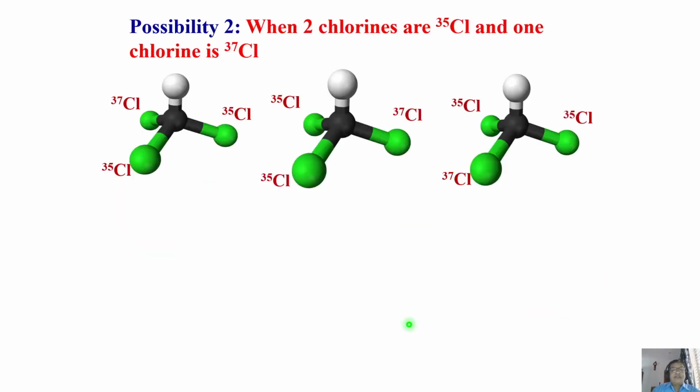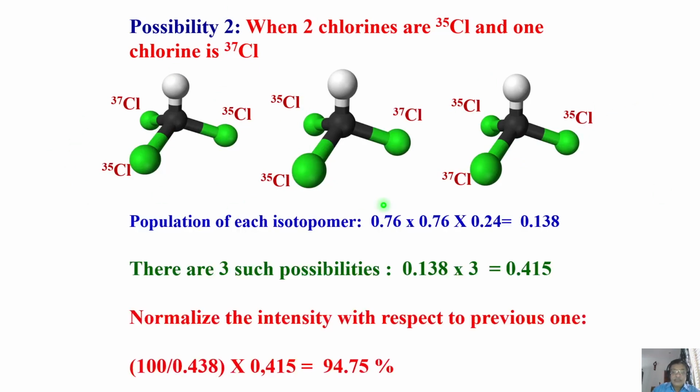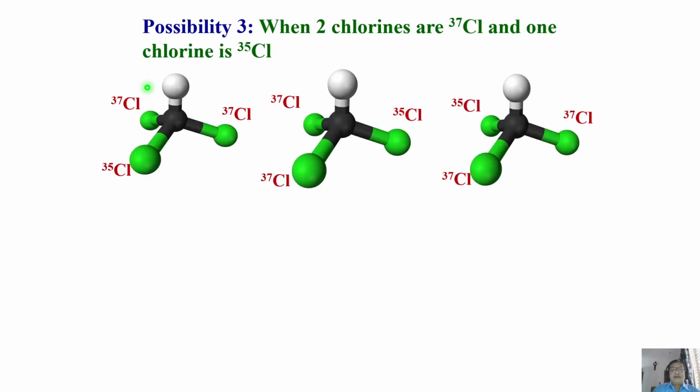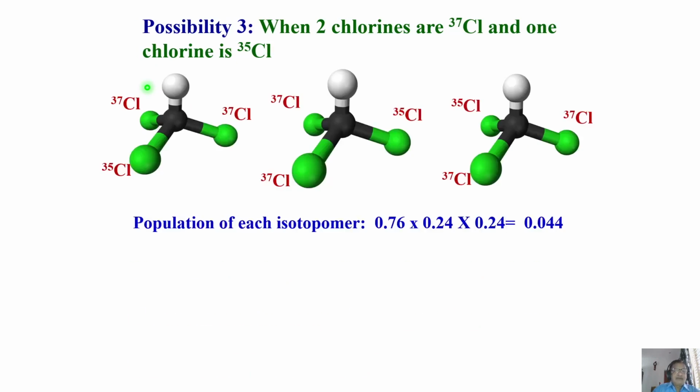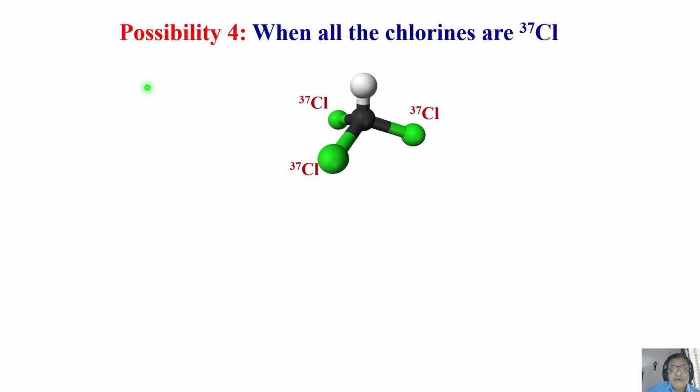The next possibility is two chlorines are 35 and one chlorine is 37. Like this and this 35, this and this 35, this and this 35, and one is 37. Three such possibilities, and I showed you this is the intensity you get when you compare with the normalized first molecule. Same way we saw for the molecule with two chlorines 37 and one 35. I don't want to repeat this because it was already discussed in one of the classes before.